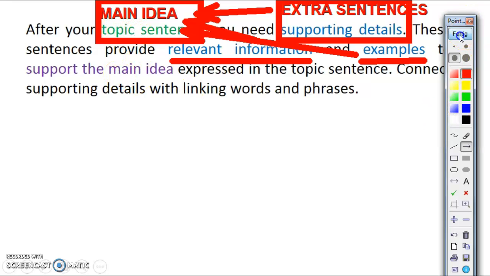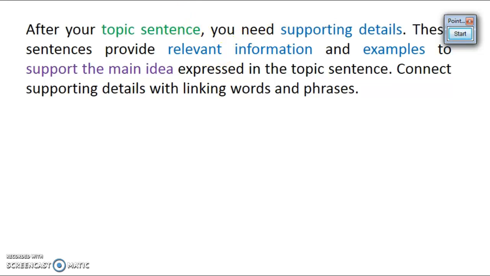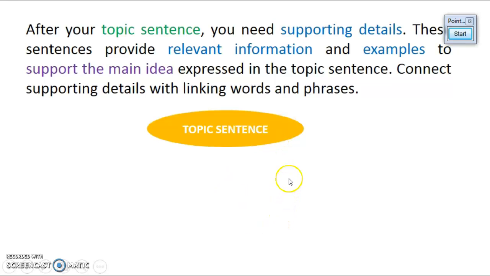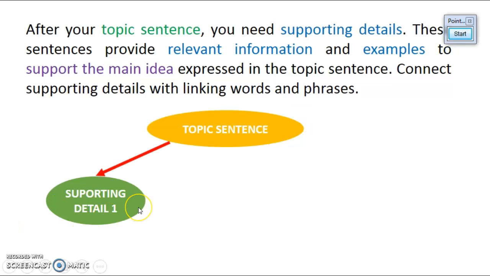Well, so let's see a little bit more graphics about this. We have here the topic sentence, that is the main idea expressed in a sentence. With a topic sentence, we summarize what our paragraph is about. To support this idea, we need details.